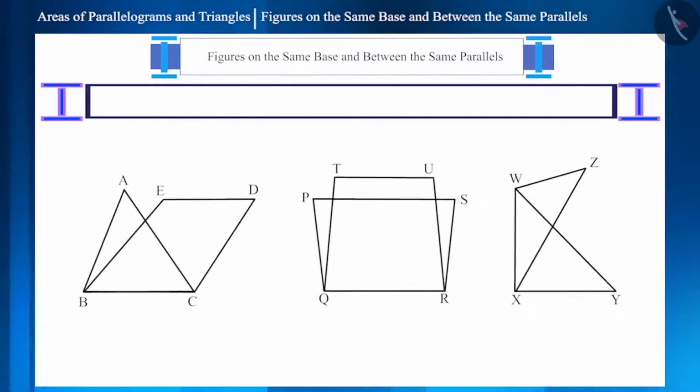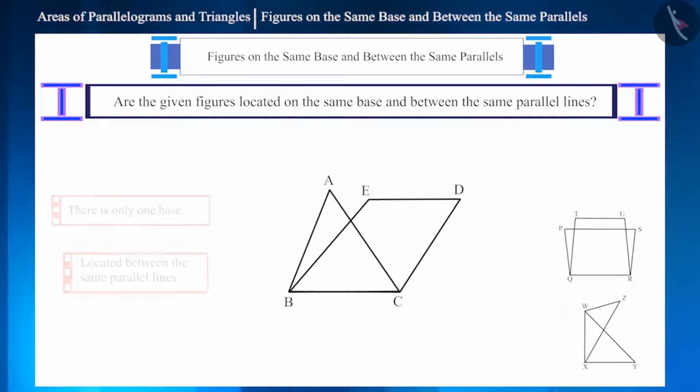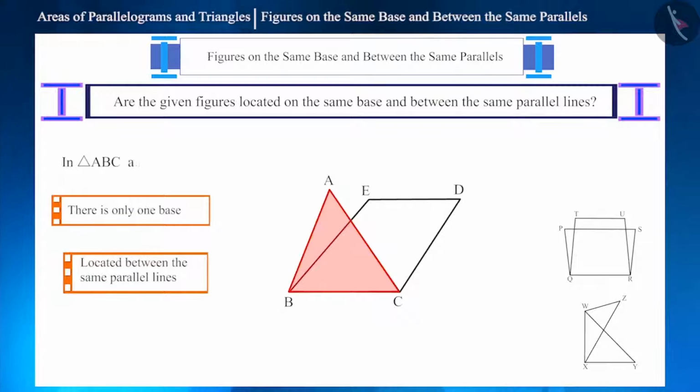whether the figures on the screen are located on the same base and between the same parallel lines. In the first figure, in triangle ABC and parallelogram EBCD, side BC is the common side, or we can say that both the figures have the same base, which is BC.